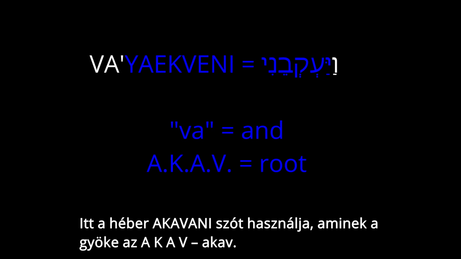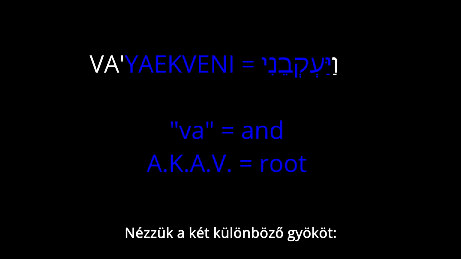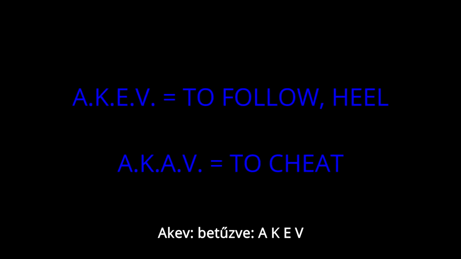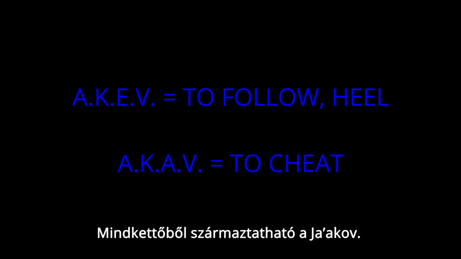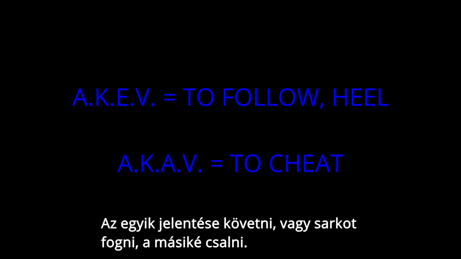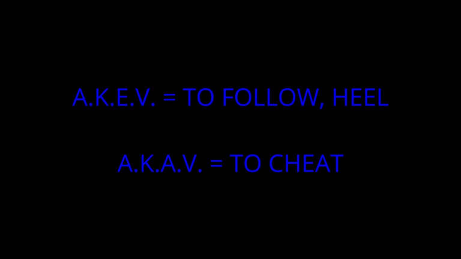The root would be A-K-A-V, akav. Now, look at the two different roots. Akev would be A-K-E-V; akav would be A-K-A-V. From both of them you can get the name Yaakov. One is to follow or heel, and the second one is to cheat.